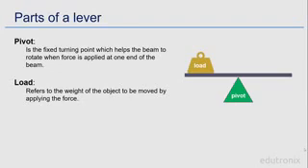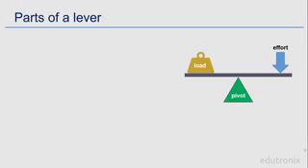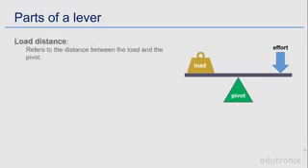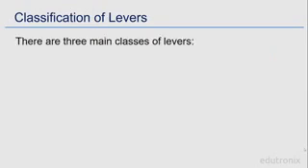On the other side, the force that is applied in terms of a push or a pull is what we term as the effort. The distance between the load and the central point, which is the pivot, is referred to as the load distance, whilst the distance between the pivot and the point where the effort is applied is known as the effort distance.